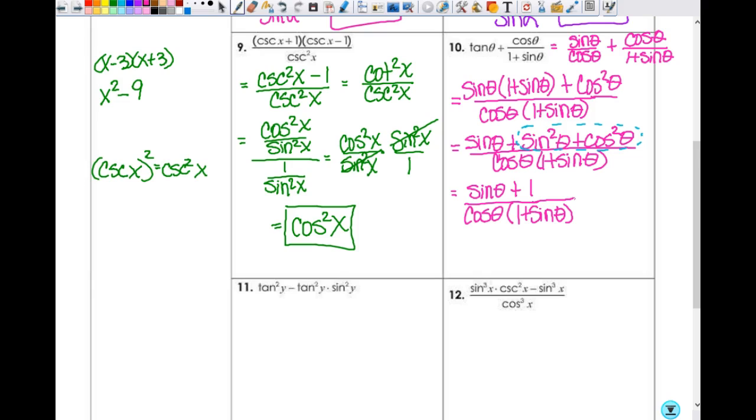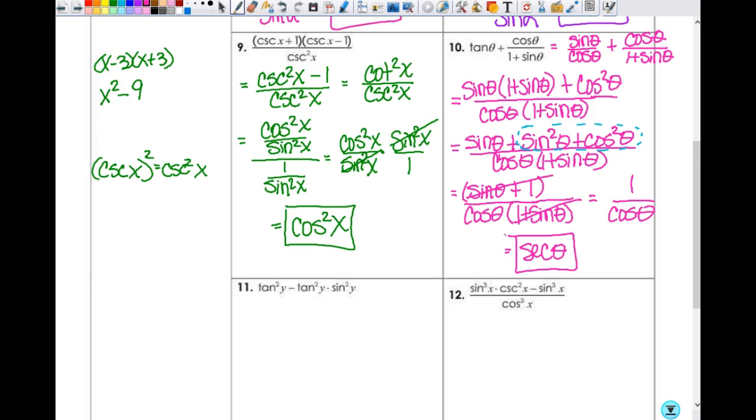All right, so is there anything I can reduce now? Yes. I can't cancel the sines out, right? But this whole thing cancels out that way, and I get 1 over cosine theta, which is what? Secant theta. And you're done. Okay. Questions about that?